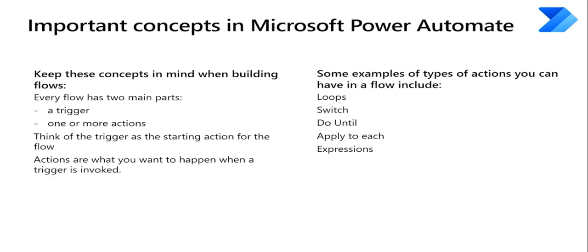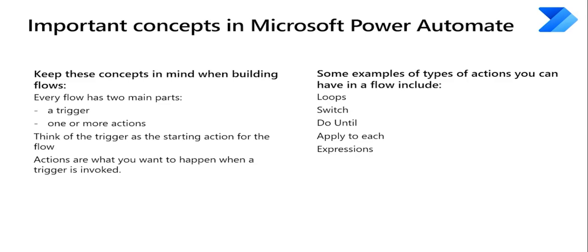And then you have actions, which are what you want to happen when a trigger is invoked. For example, the new email trigger will start the action of creating a new file on OneDrive for Business. You can also do other things like sending an email or posting a tweet or starting an approval.